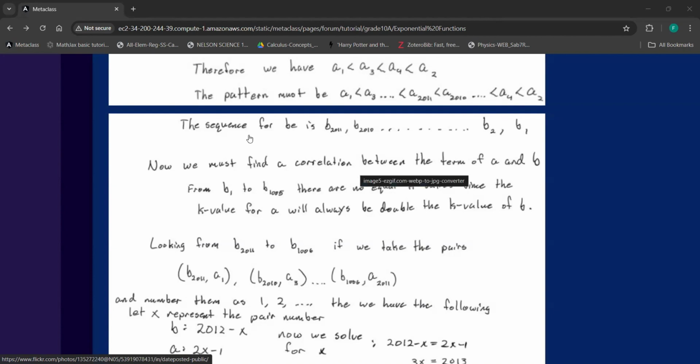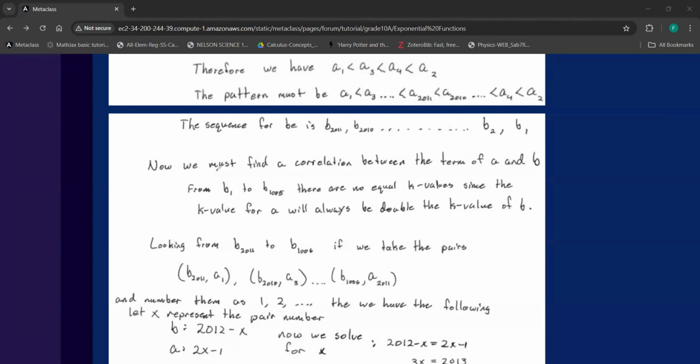And so the sequence of B is B1 from here and then going this way. Now you'll see why I wrote it in this order in a second.